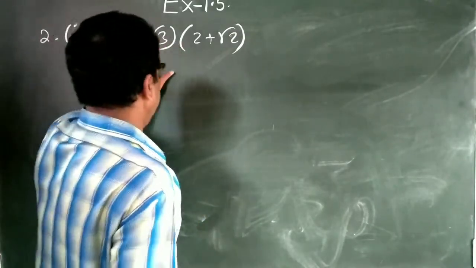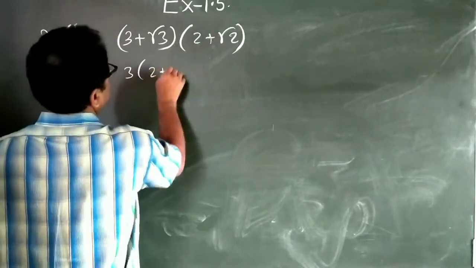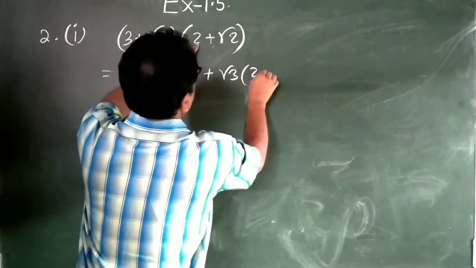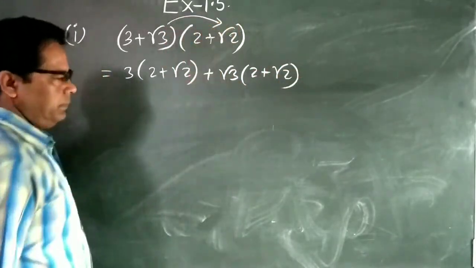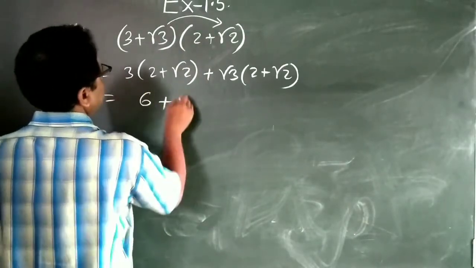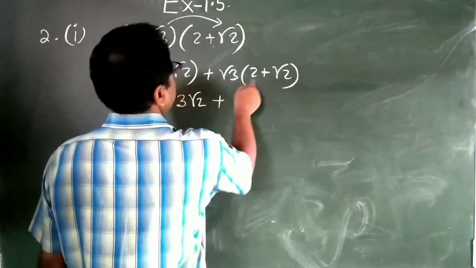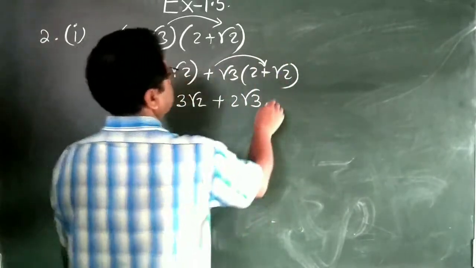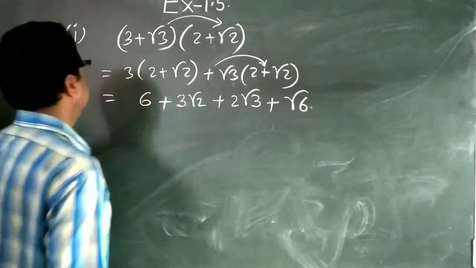We need to split the first sum, that is 3 into 2 plus root 2, plus root 3 into 2 plus root 2. Then 3 into 2 is 6, plus 3 into root 2 is 3 root 2, plus 2 into root 3 is 2 root 3, plus root 2 into root 3 is root 6.